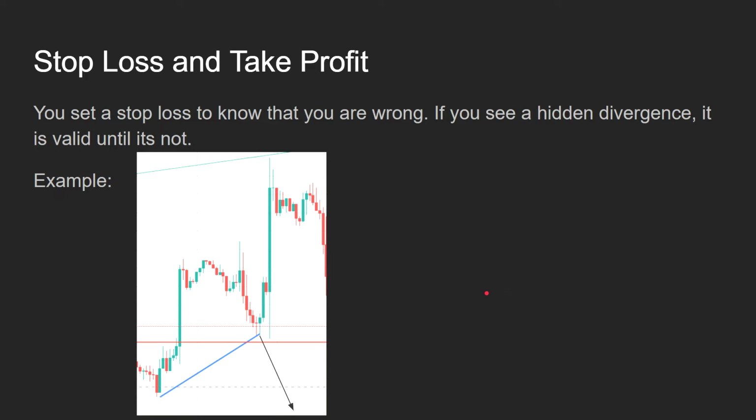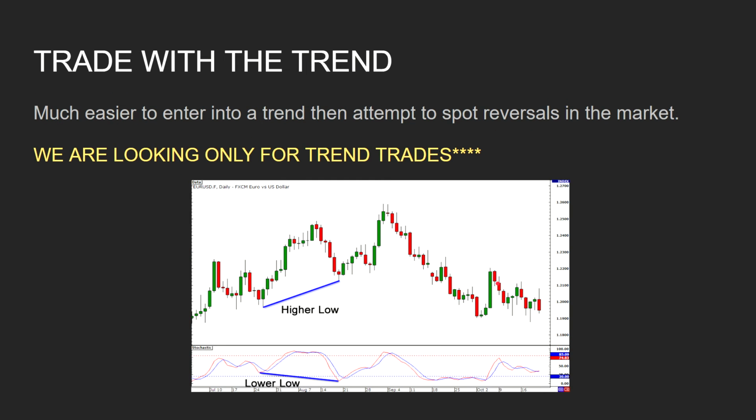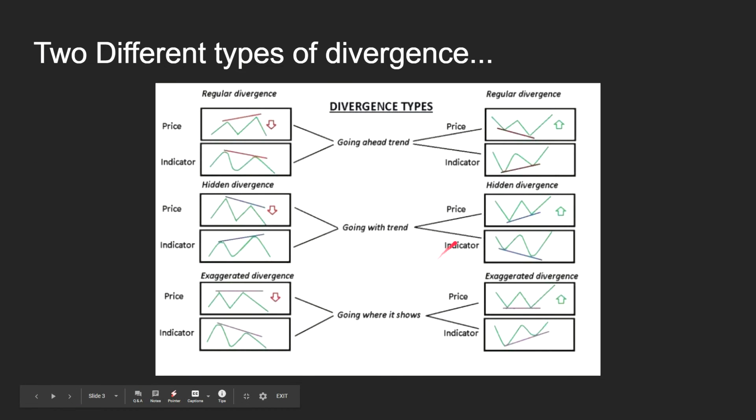So when we have a hidden divergence, what happens? Let's look back at the picture. You'll notice on this one, for example, this is a bearish hidden. Price is going down, we see the indicator go up, which means bearish hidden divergence, so sell. Now what happens if price goes above this peak over here?